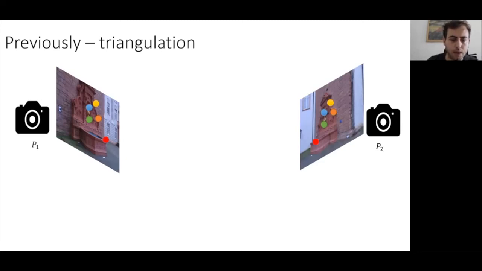So just to remind you of things that we talked about in the last classes, and to put today's content in the context of previous lectures, we talked about triangulation, where we know the camera parameters and we have point correspondences, and then we can send rays from camera centers through point correspondences and intersect the rays to get 3D points.